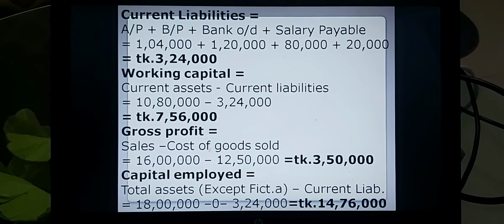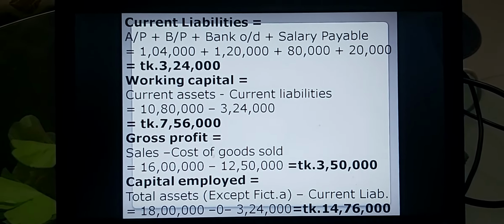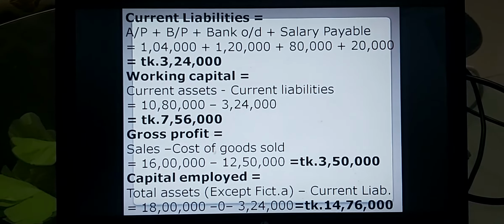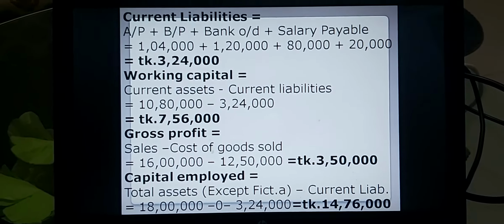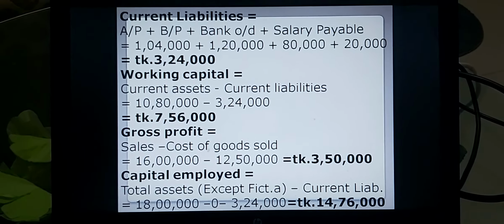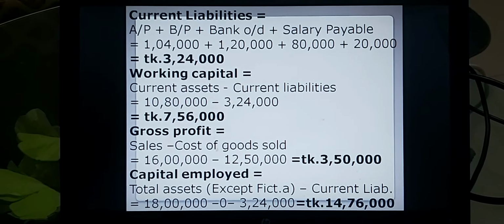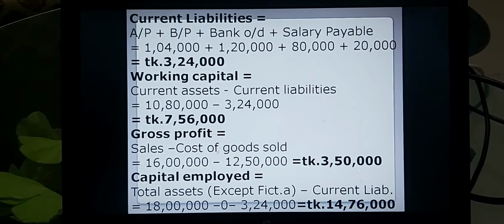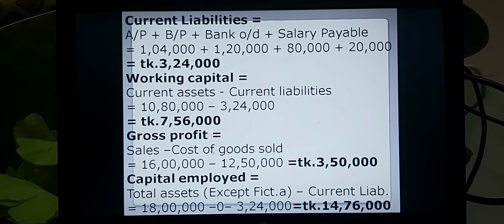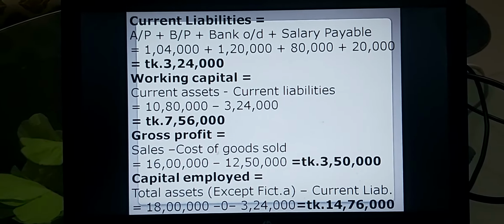Then minus current liabilities, which is just the first item of this requirement, taka 3,24,000. So it is very easy to calculate the amount of capital employed. Total assets from the financial position taka 18 lakh minus fictitious assets, which is 0 in this stem, minus 3,24,000 for current liabilities.